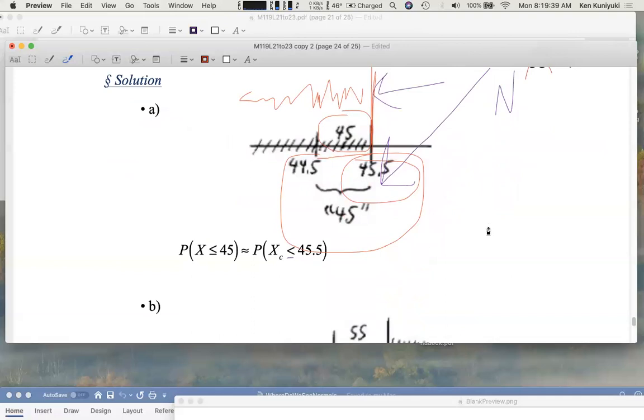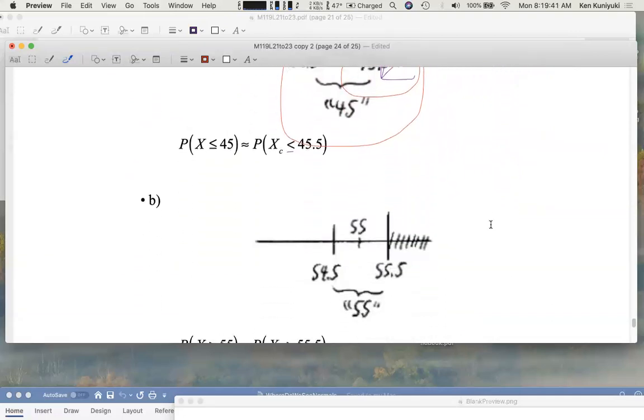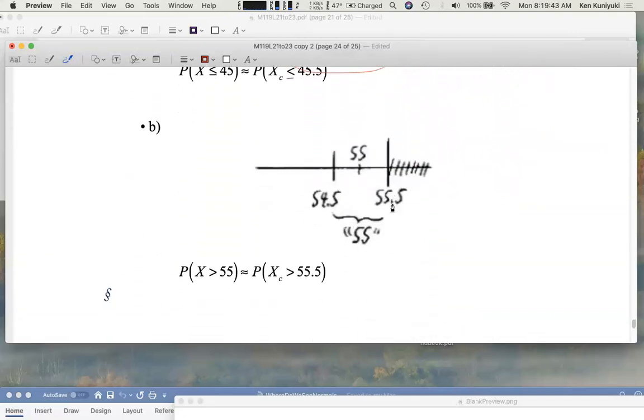Now, the real numbers that round up to 55, what are they? The real numbers between 54.5 and 55.5. But wait a minute. Do I win if the coin comes up heads exactly 55 times? The answer is no. I don't want this block from 54.5 to 55.5, but I want to shade everything to the right of that block. So what's the true goalpost or boundary value I want for corrected x?